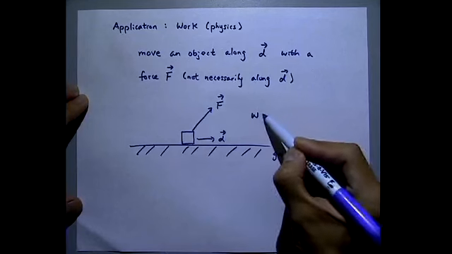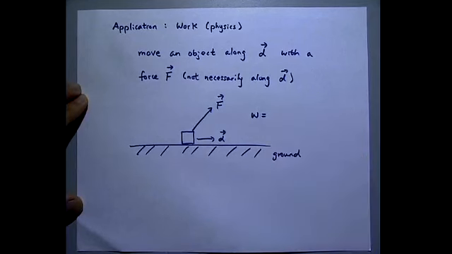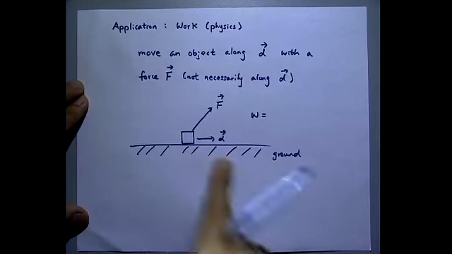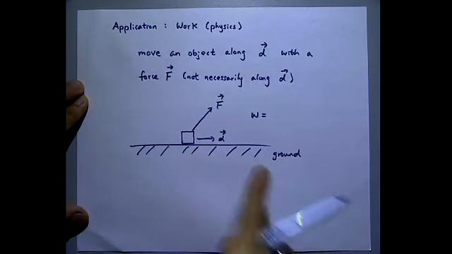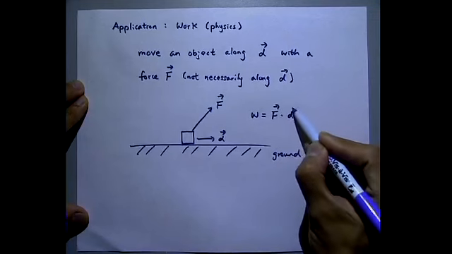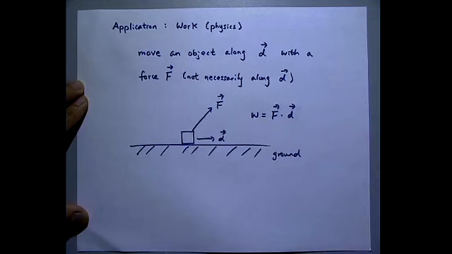And that's what we're calculating when we say work, right? The force that's actually in line with D, that's used to move it in the same direction. And you can find that by taking the dot product of the two. The dot product gives you some kind of projection, as you saw earlier.